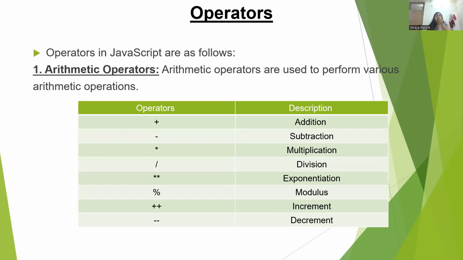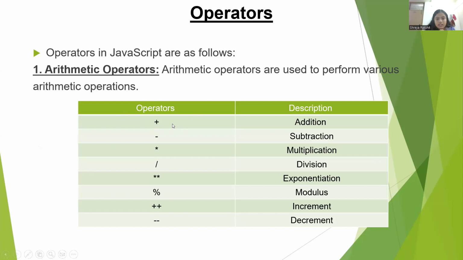Now move forward towards operators in JavaScript. In JavaScript, we have arithmetic operators, conditional operators, logical operators, bitwise operators, etc. We will see them in detail. The first one is arithmetic operators. Arithmetic operators are used to perform various arithmetic operations.